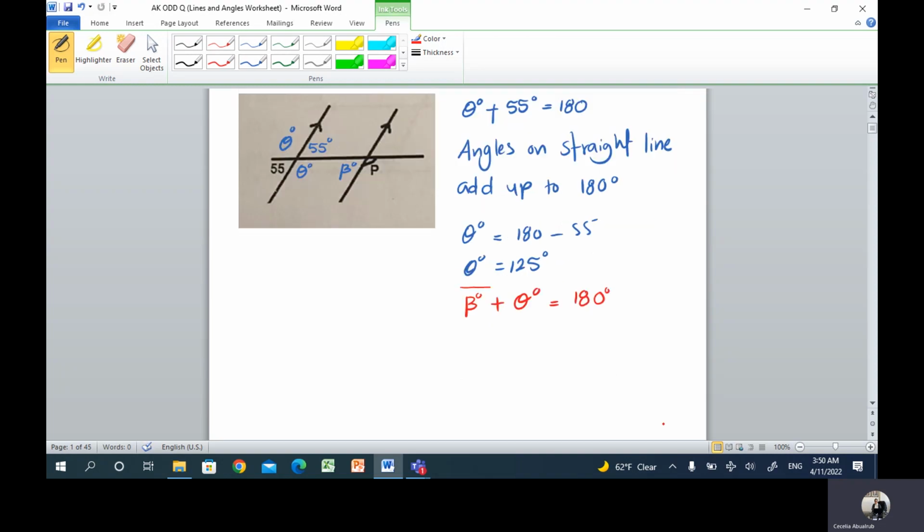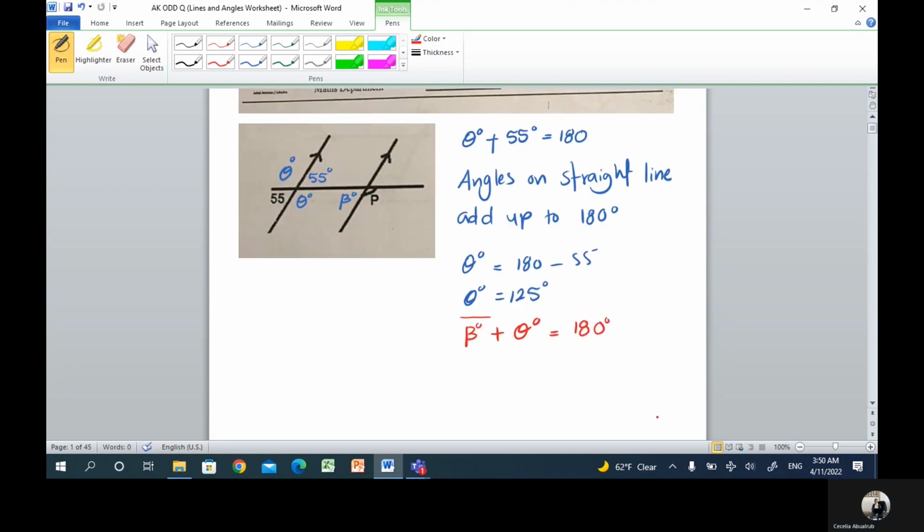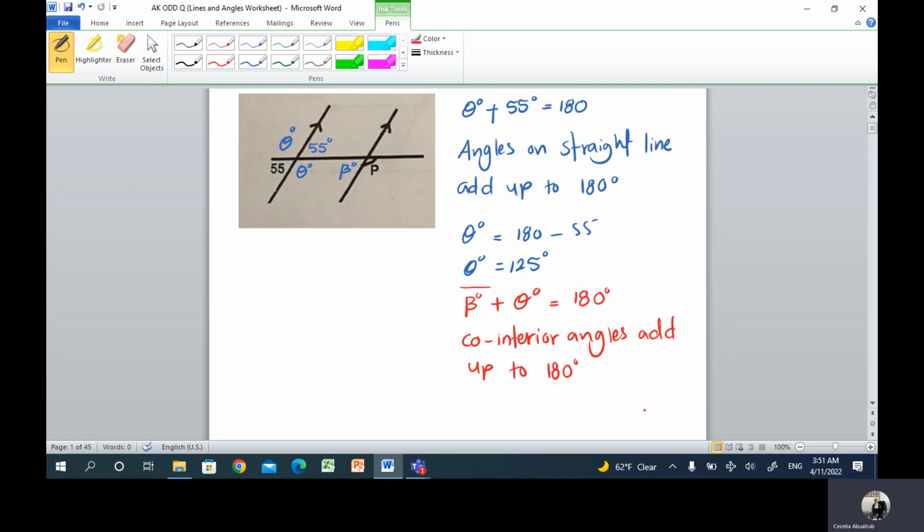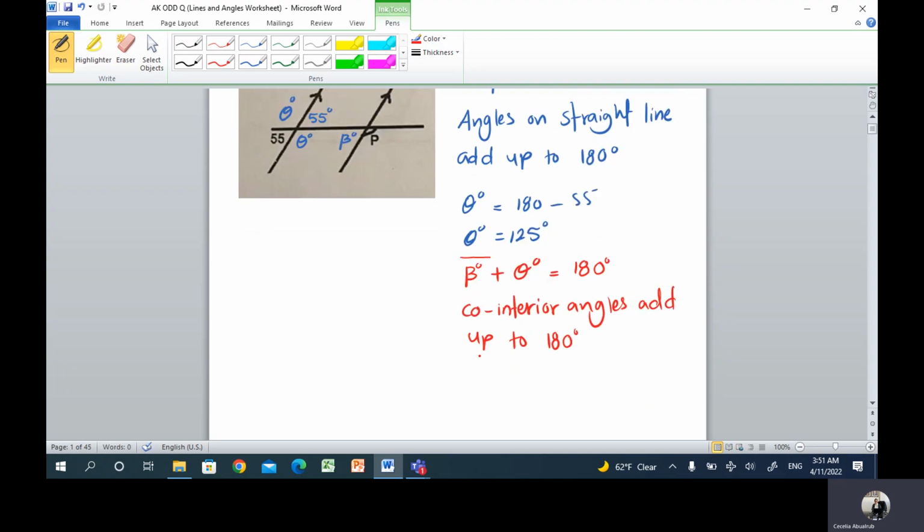And the reason behind it, they are called co-interior angles, which add up to 180 degrees.